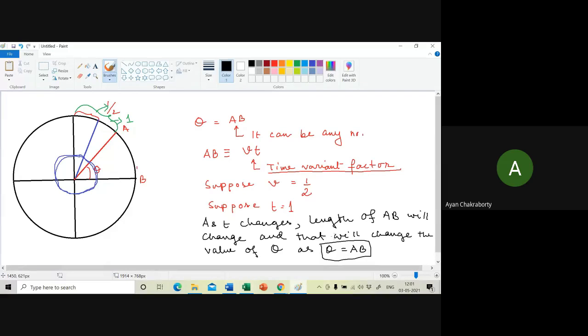Ma'am, is the direction of movement, anti-clockwise or clockwise, irrelevant? If we go clockwise, will the value remain the same? Here we will not move anti-clockwise.